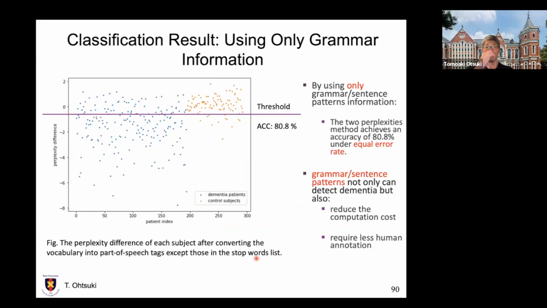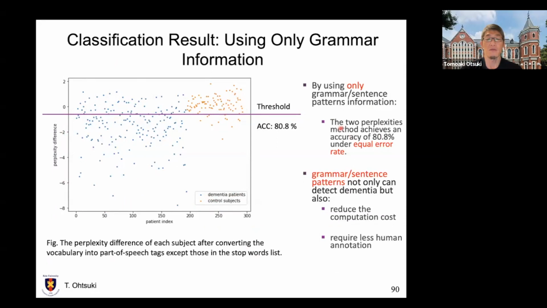And this is one of the performances. Here, this scatter plot represents the perplexity difference for each patient. Blue dots represent the perplexity difference of the dementia patients, and orange dots represent the perplexity difference of control subjects.